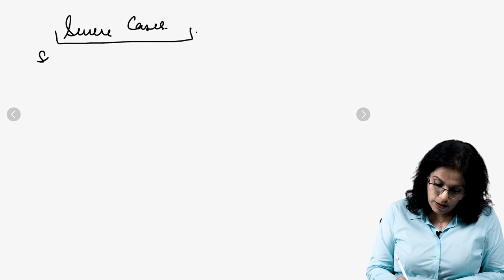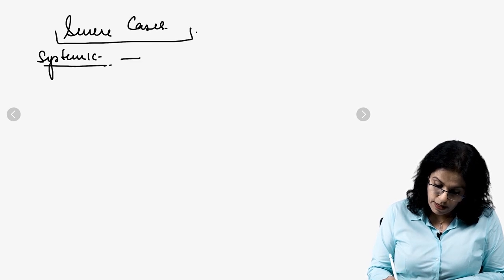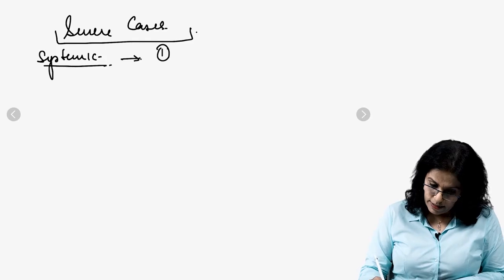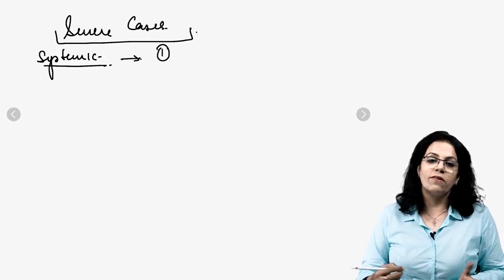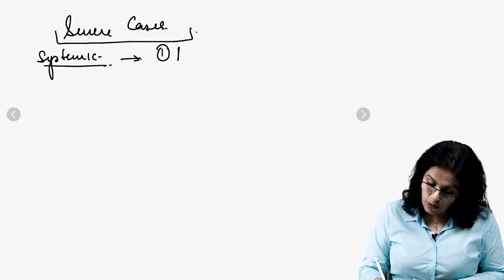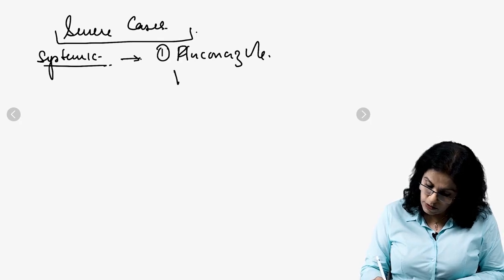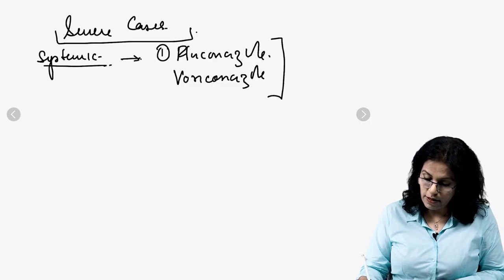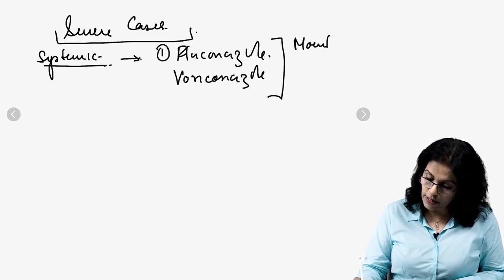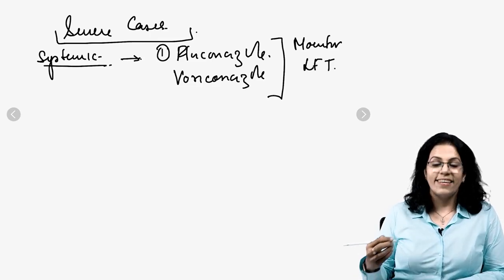So when you are giving systemic therapy, what are the drugs I can give? Of course, we all know about fluconazole tablets, fluconazole, or you can go for voriconazole. What is very important is you have to monitor the liver function test. So monitor the LFT and then give either fluconazole or voriconazole.